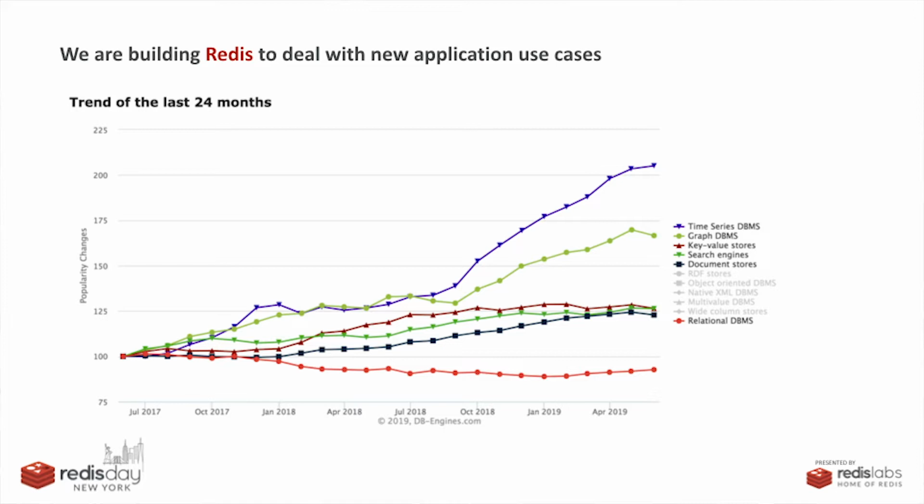An interesting observation: we are trying to build Redis for the next generation of use cases. This is taken from a well-known website called DB-Engines that compares multiple databases. I guess most of you know Redis is, of course, one of the top 10 databases here. But what is very interesting in this chart is that it shows which data models people are now using when they design new applications.